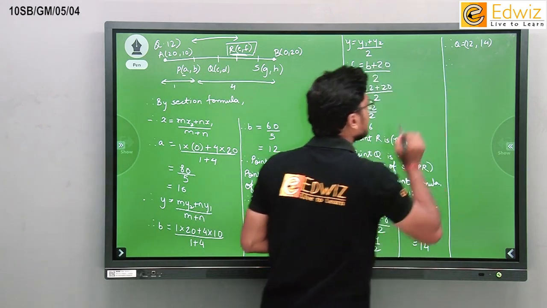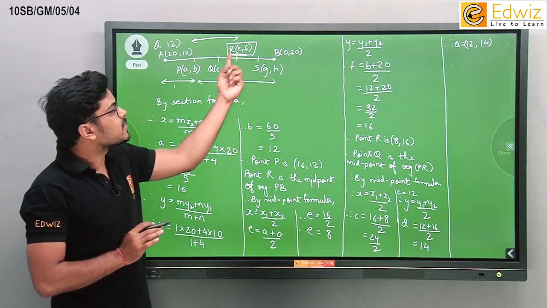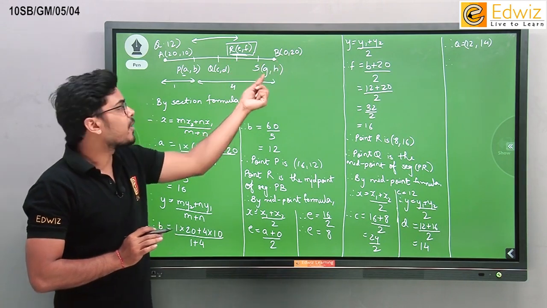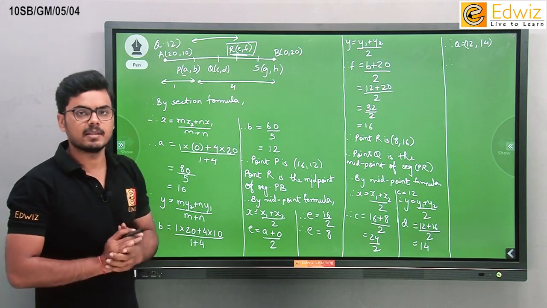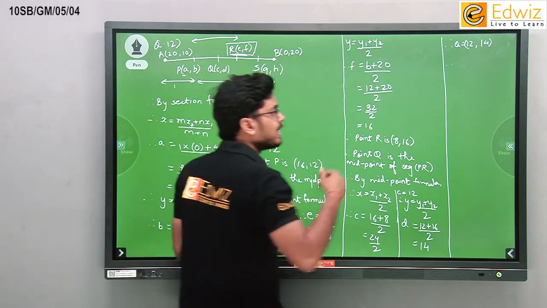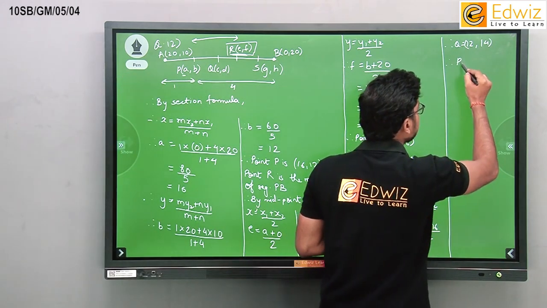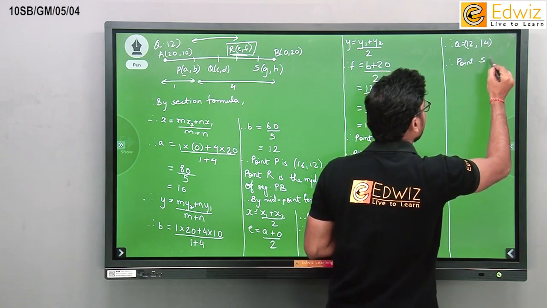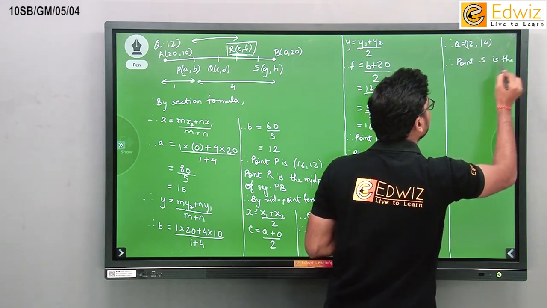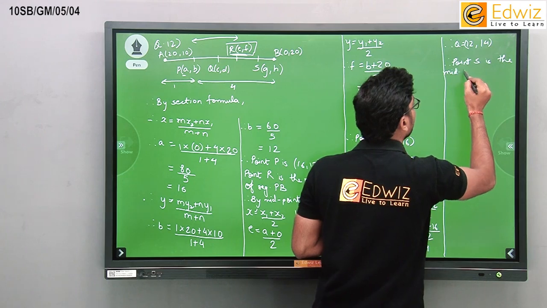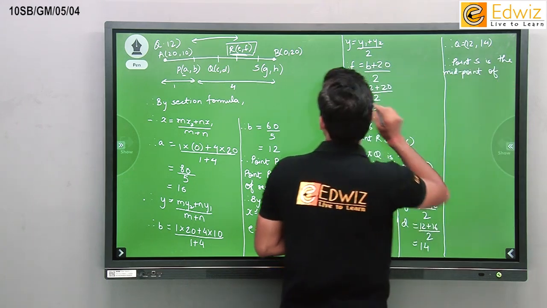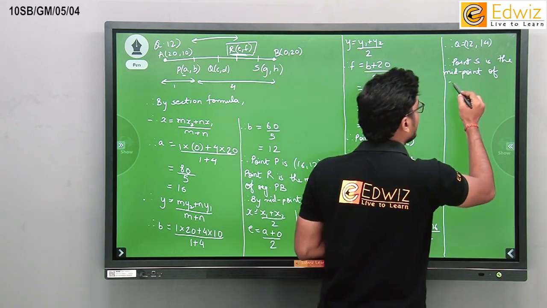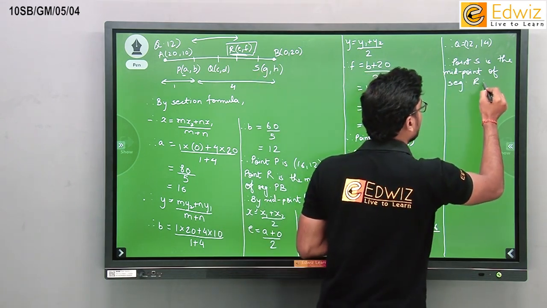नाउ एज आई टोल्ड यू अर्लियर, यू कैन क्लियरली ऑब्जर्व दैट RB का मिड पॉइंट है S. तो वी विल यूज अगेन मिड पॉइंट फॉर्मूला बिटवीन R एंड B. दैट्स इट. ओके, सो वी हैव टू राइट दैट फर्स्ट. पॉइंट S is the midpoint of RB, segment RB.